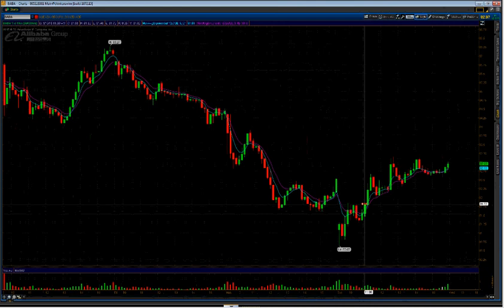I don't care if you're trading an RSI. I don't care if you're trading a MACD. I don't care what indicator it is. In or at the money. In or at the money.